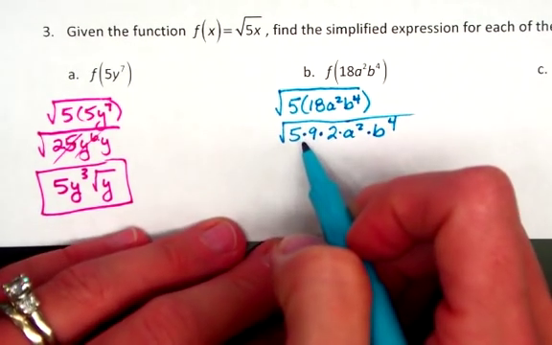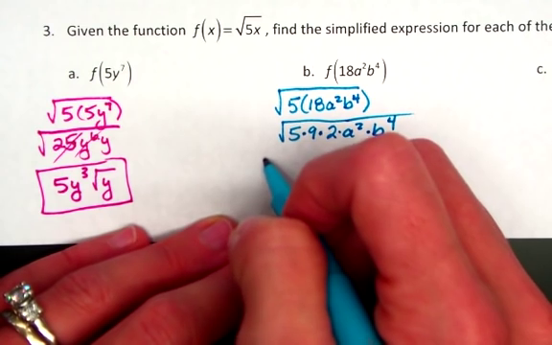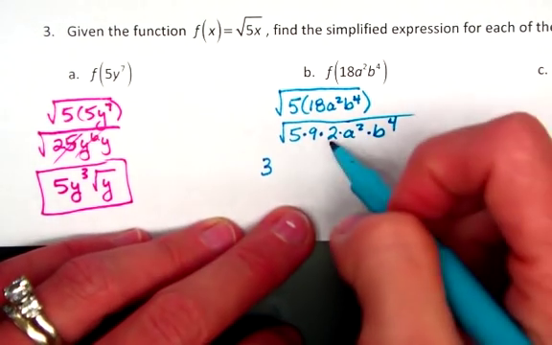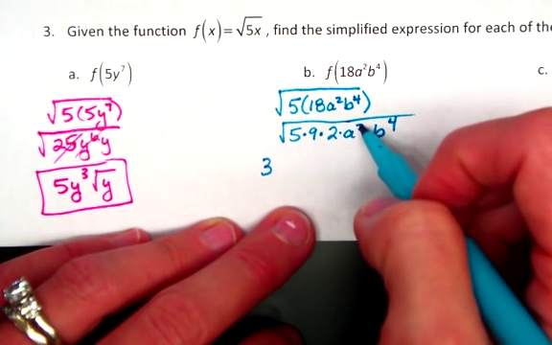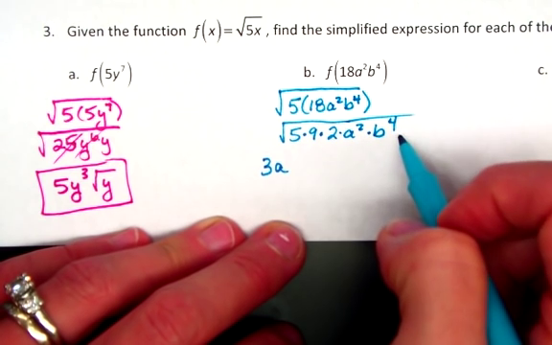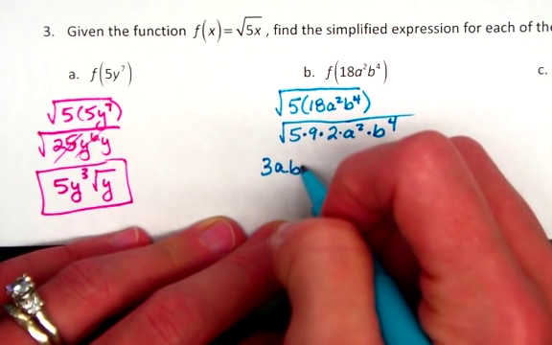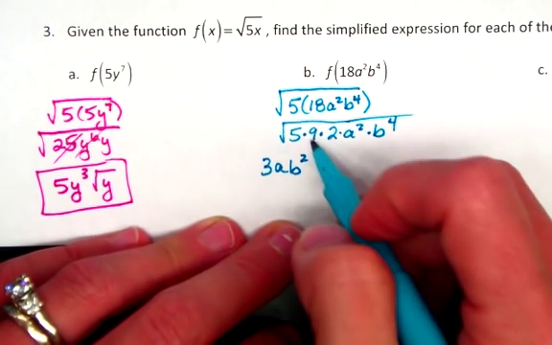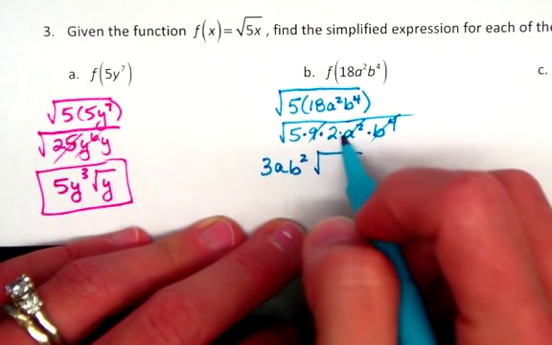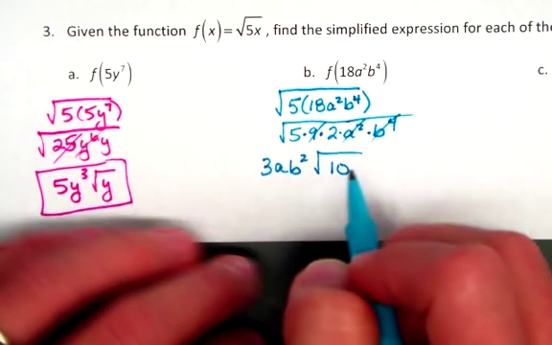We can't take the square root of 5. Square root of 9 is 3. We can't take the square root of 2. A squared, 2 divided by 2 is 1, so I have a to the first. B to the fourth, 4 divided by 2 is 2, so that's b squared. So I took the square root of all those. What's left over is 5 times 2, which is 10.